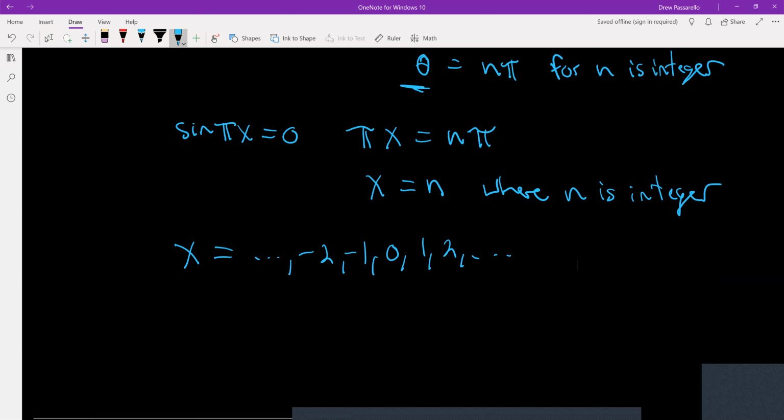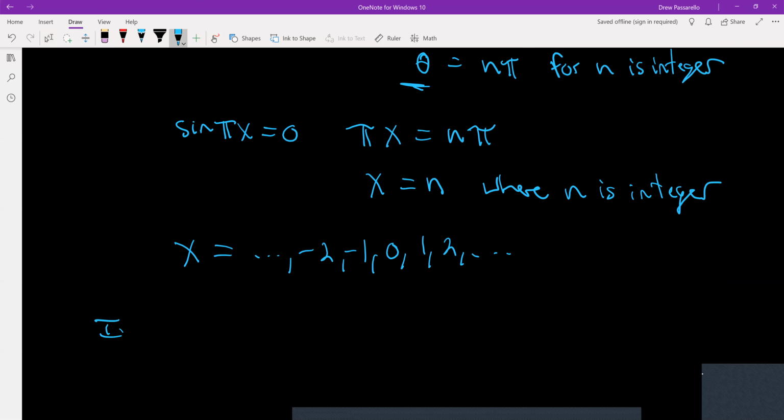And our interval in the question is 0 to 2, open interval. So we would not include 0. Obviously we wouldn't have any of these negative values, but we also would not include 0 since that's an endpoint, and we would not include 2 since that's an endpoint.